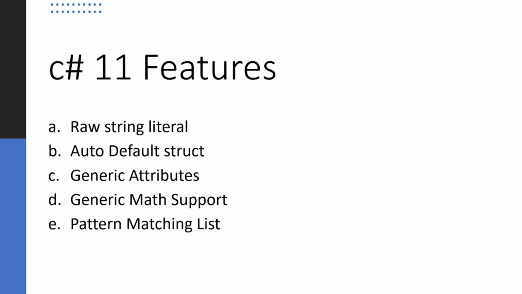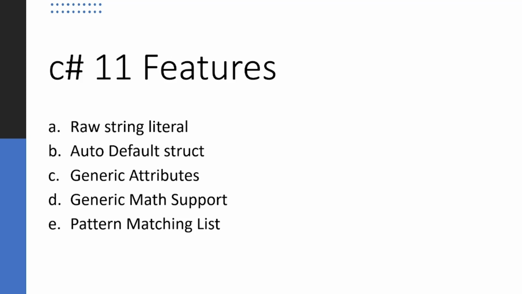As part of this series of tutorials, we would be covering C Sharp 11 new features. As some of you may know, Microsoft is going to release C Sharp version 11 in November 2022 alongside .NET 7.